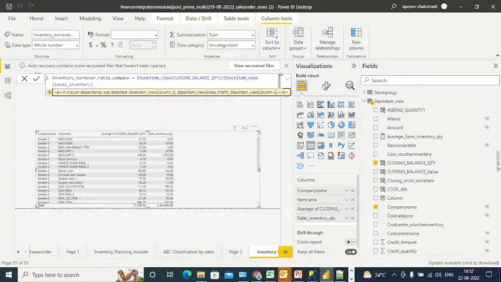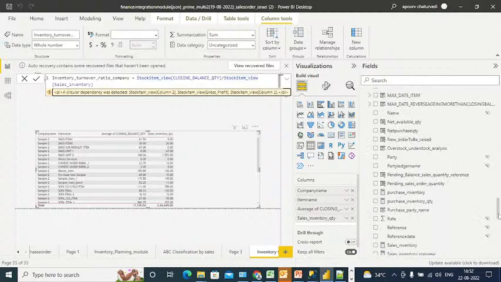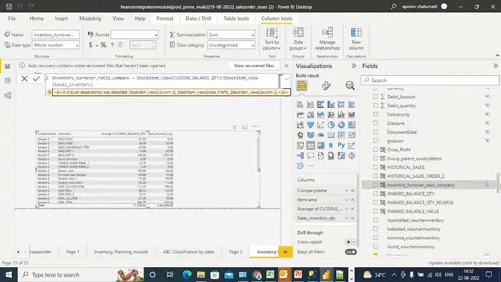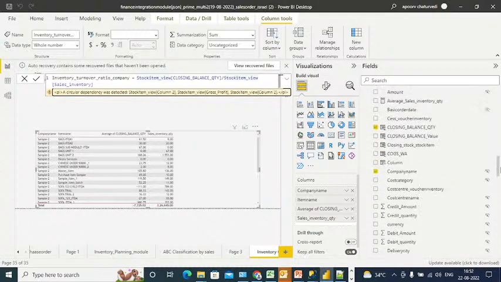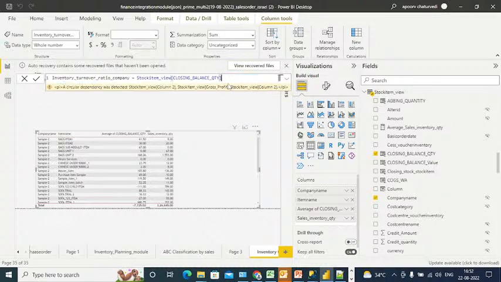So I go here, here. This is enter, and what I do here is divide this.